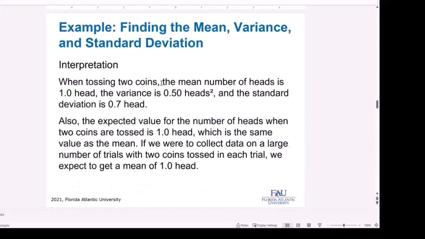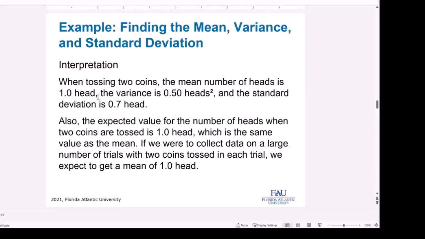When tossing two coins, the mean number of heads is 1 head. If I toss 2 coins, there's a 50-50 chance, same as tossing 1 coin twice. The chance is that one time I'll get a heads and one time I'll get a tails. That's the average, the mean. The variance is 0.5 heads squared, because remember, it's squared. That's why I get heads squared.